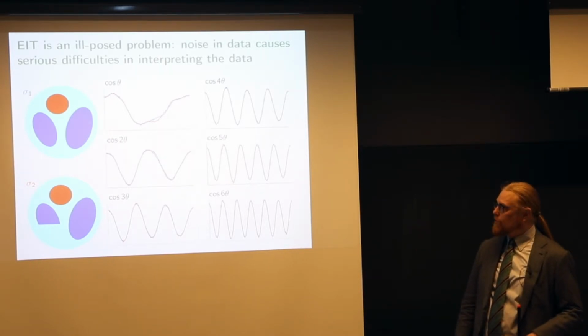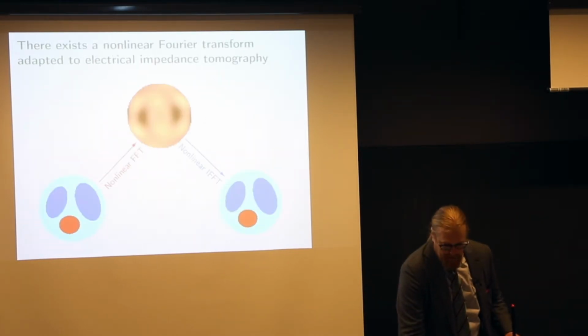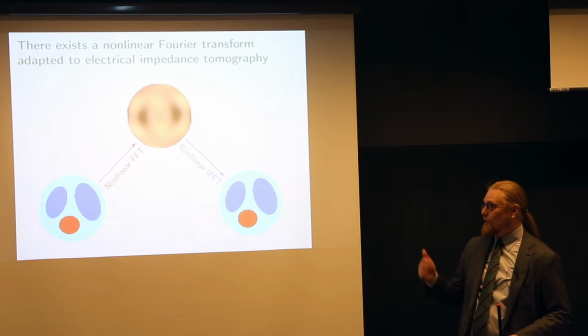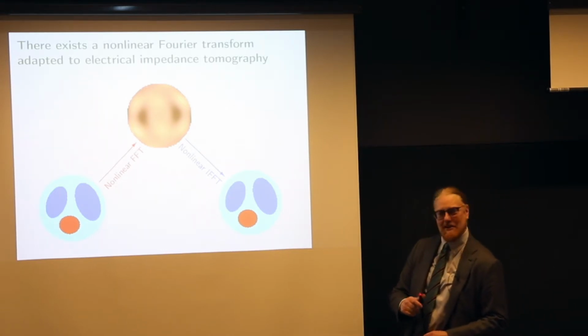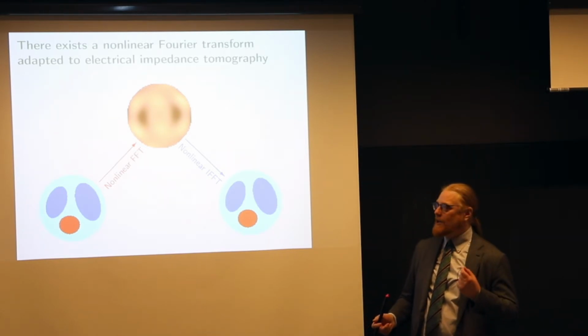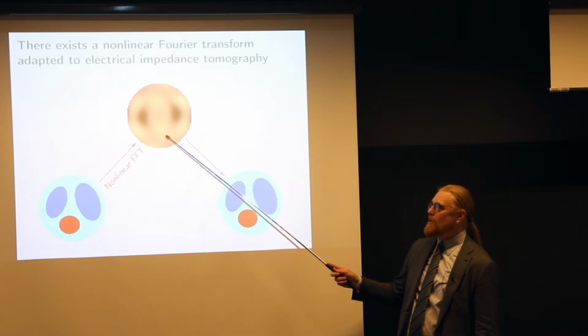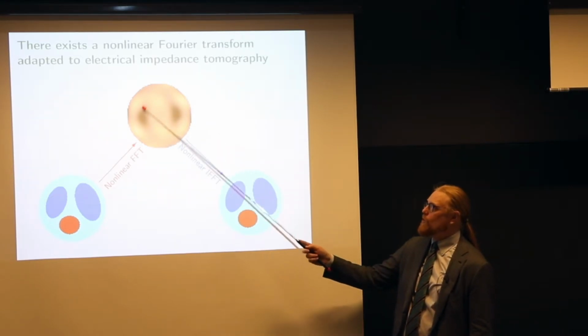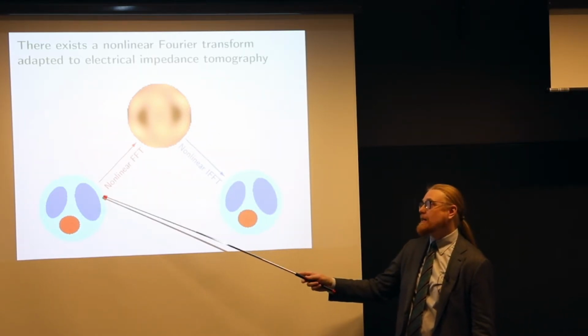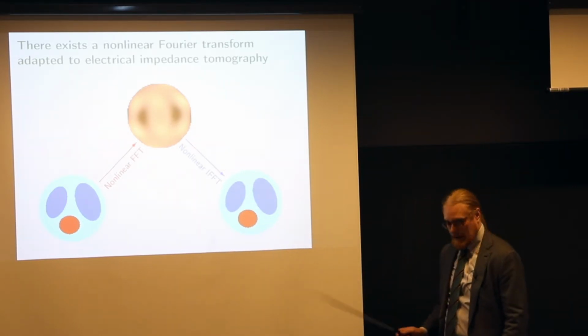So what kind of role could machine learning play here? One favorite idea, maybe my favorite because I was developing this method I'm describing. Actually my PhD thesis was concerned about this kind of special nonlinear Fourier transform I'm showing here. So the basic idea would be that there's a nonlinear Fourier transform and there's an inverse transform.